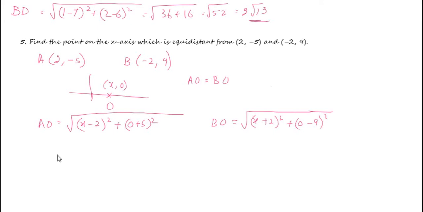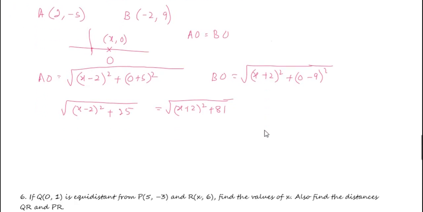AO equal to BO, therefore square root of x minus 2 whole square plus 5 square, 25, is equal to square root of x plus 2 whole square plus 81. Now squaring both sides, you get x minus 2 whole square plus 25 equal to x plus 2 whole square plus 81.